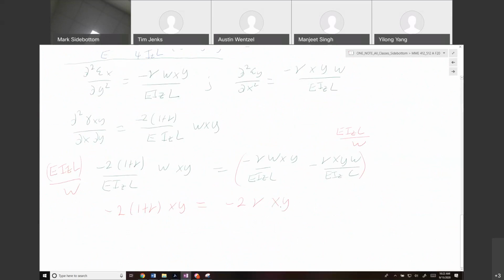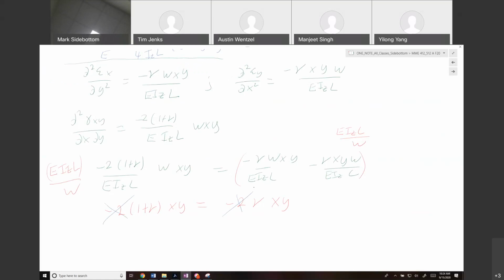If you wanted, we can say that the negative 2's cancel out as well. We're left with 1 plus the Poisson's ratio times xy having to be equal to the Poisson's ratio times xy. We know that Poisson's ratio is a constant, so this can't be true for all values of x and y.